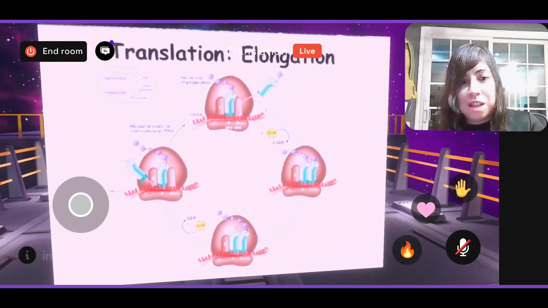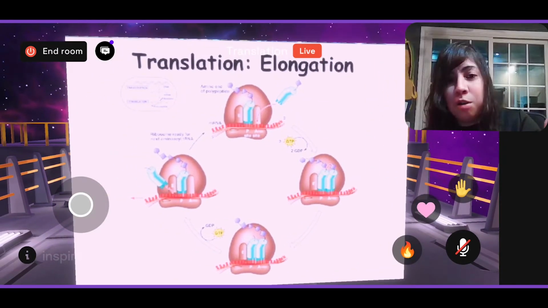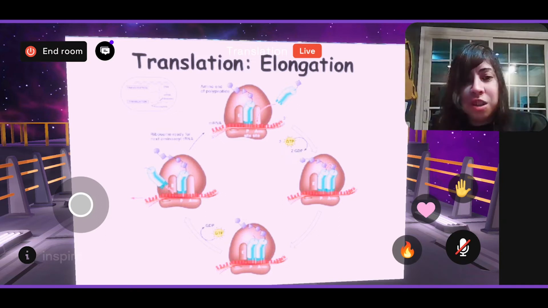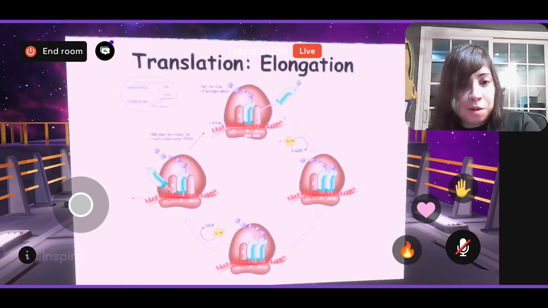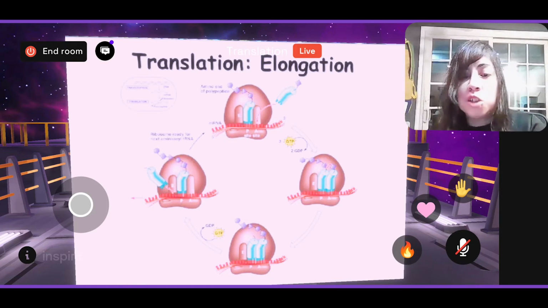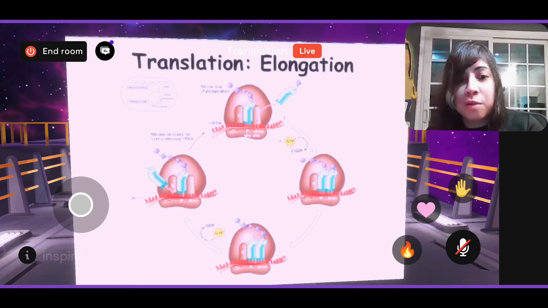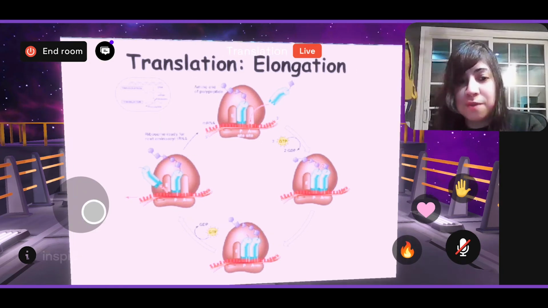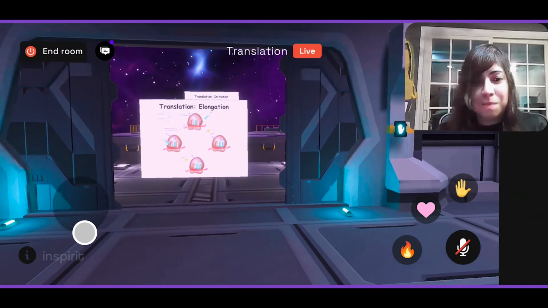This process continues and results in a long polypeptide chain of amino acids. So to sum up elongation, a charged tRNA enters the complex with every step. The polypeptide becomes one amino acid longer, and the uncharged tRNA departs while the ribosome catalyzes every process in 3 sites by shifting one codon at a time.